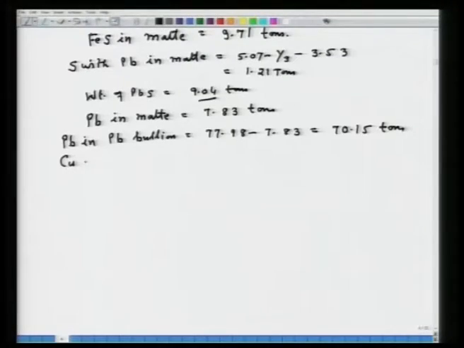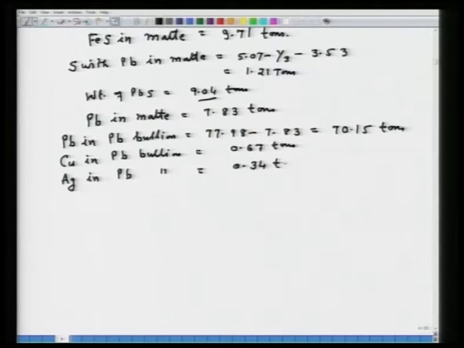Now, copper in lead bullion is 0.67 tons, and silver in lead bullion, silver will enter as it is, that will be 0.34 tons. So, now I can calculate the weight of lead bullion.